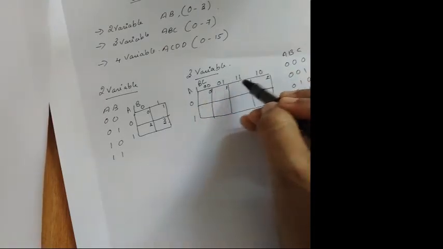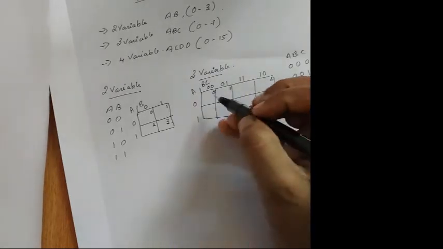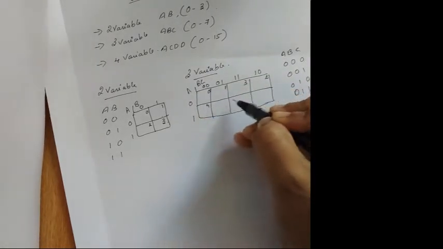So 01 to 11, then 11 to 10. Then 4, 5, 6, 7.